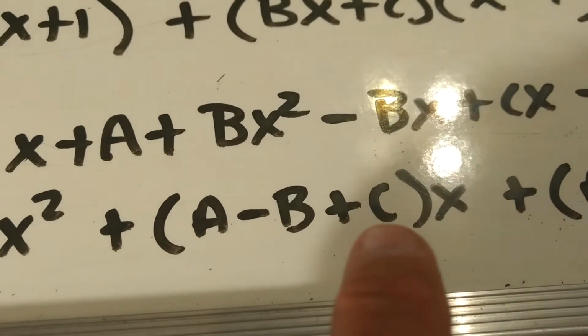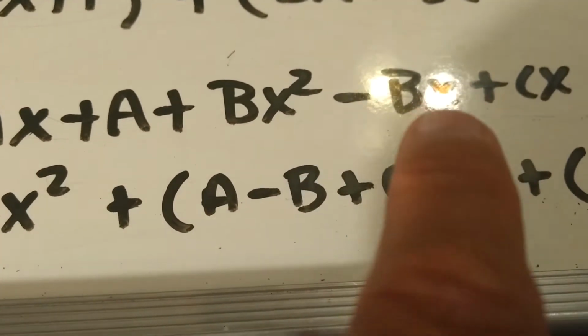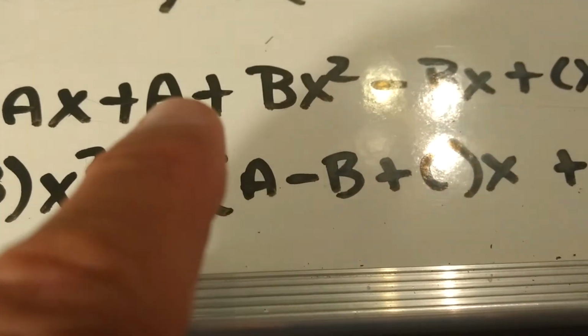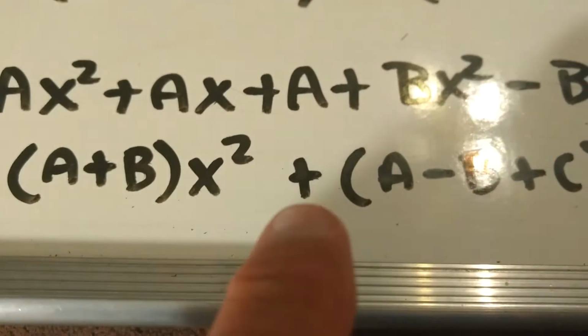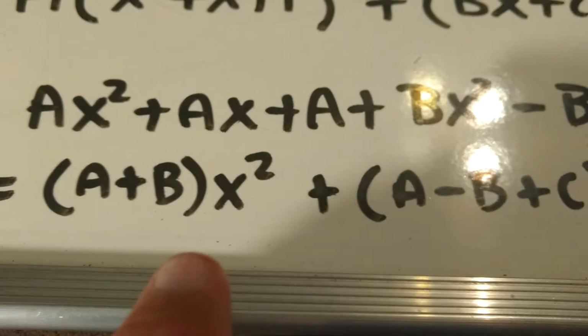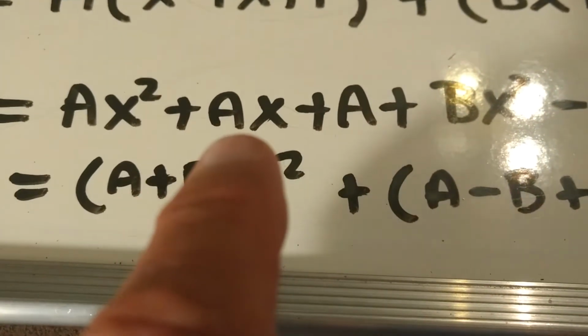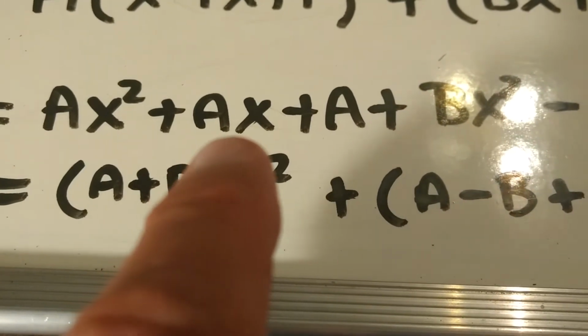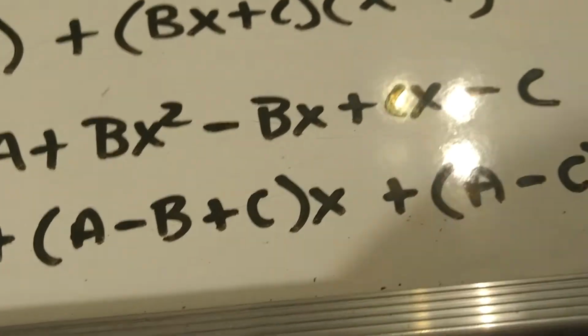Notice that if I distribute this back, this would give me my Cx, this would give me my minus Bx, this would give me my Ax. Same thing here, this gives me my Ax squared, and this gives me my Bx squared. What I have left then is this minus 5, which is going to equal A plus C.